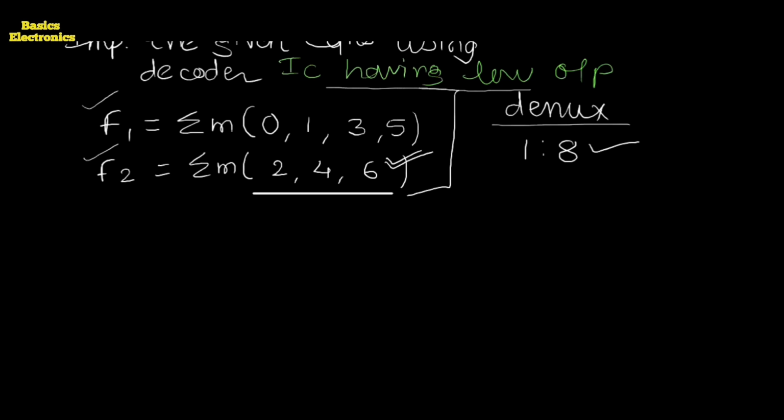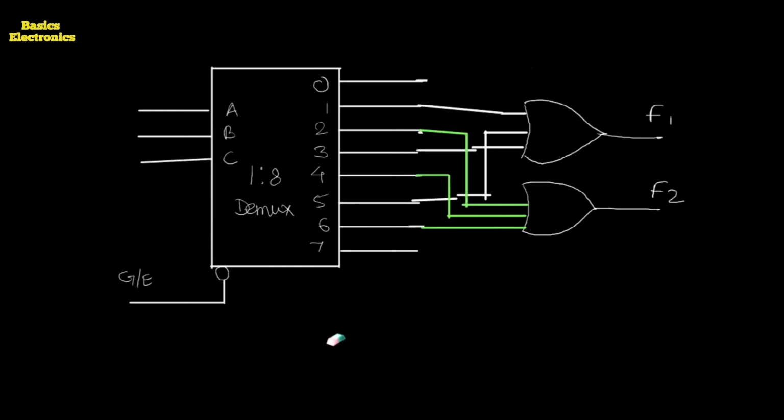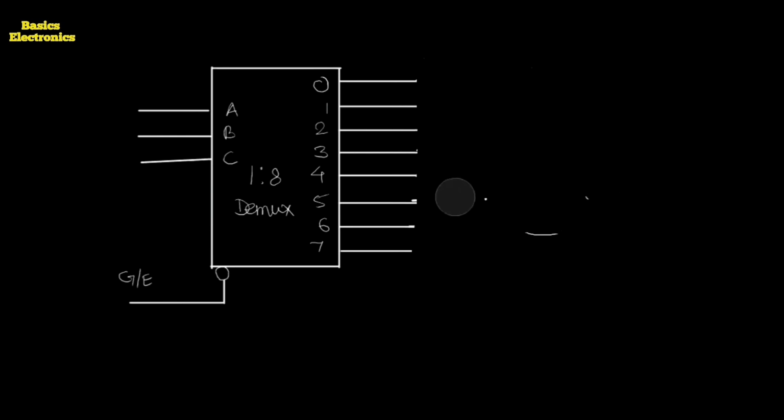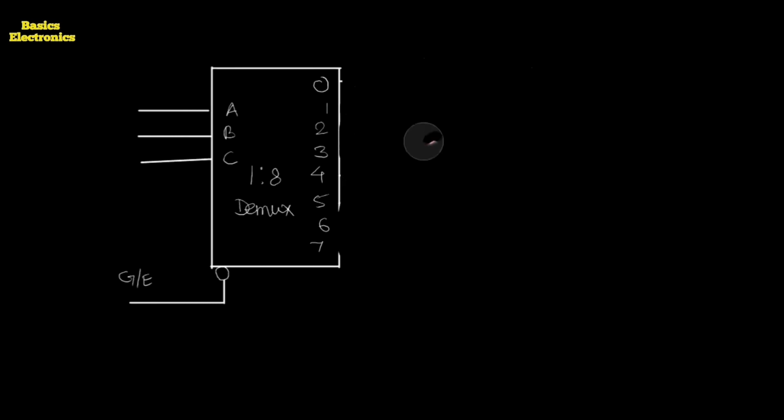Okay, so we implement it by using the NAND gate. We just make one change. What is that change? Here we require to use the inverted output. Active low line means here there is a bubble at the output side. So we draw here one bubble, here one bubble, here one bubble, here one bubble.